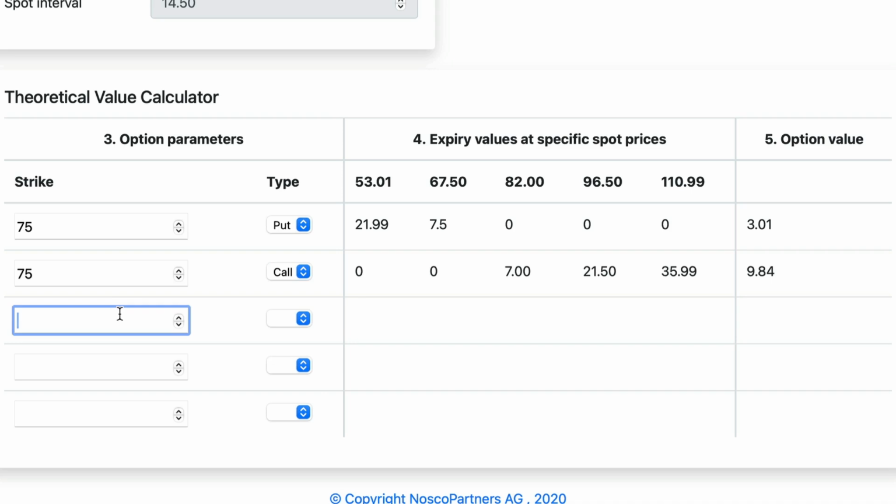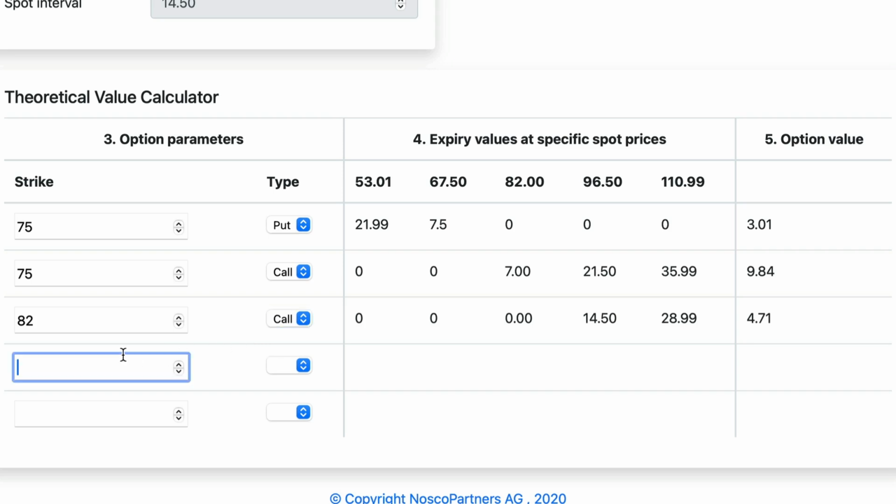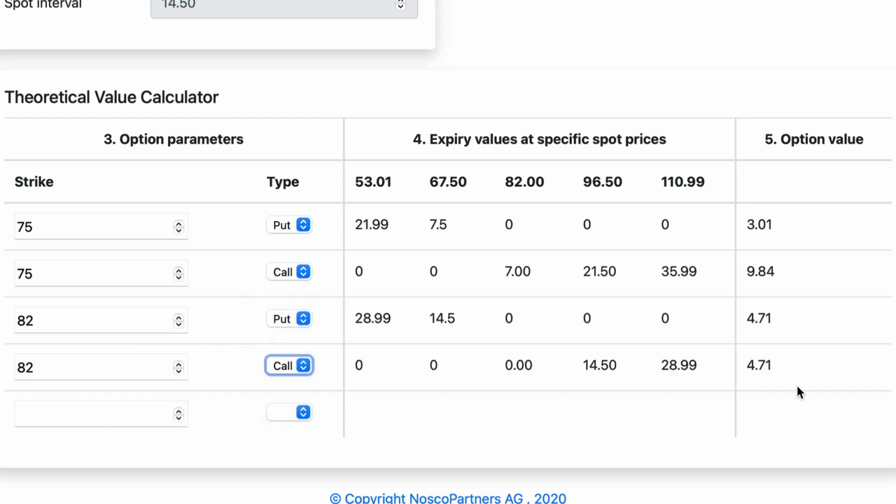If you have the at-the-money options, the at-the-money forward call and at-the-money forward put, let me first do the put and here the call. And what you see over here is something very strange. I think that's also something Vincent showed us.